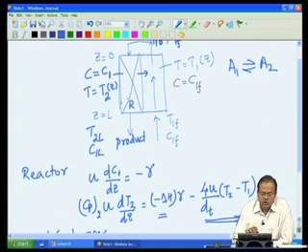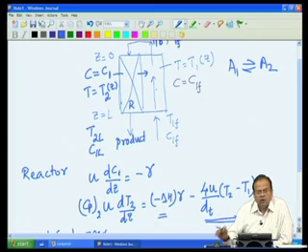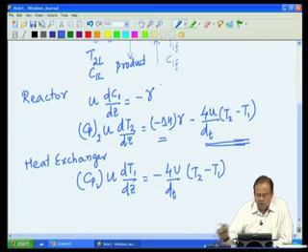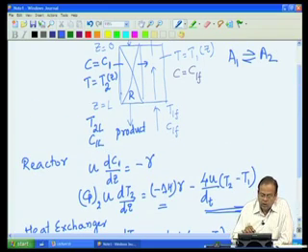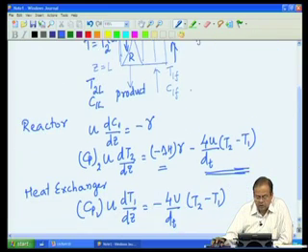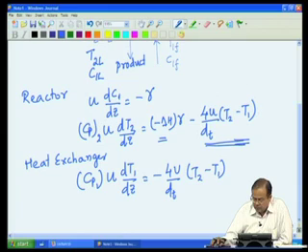So the size of this tube and, let us say, the shell diameter is the same. So u remains the same and we have an energy transfer from the reactor to the shell side. Notice here the negative sign has come, because if we take the velocity u in this direction as positive, the velocity has to be minus u in the reverse direction, because the flow direction itself is different.